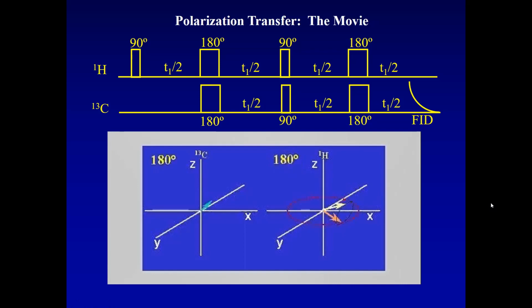You wait the right length of time and then flip both things 180 degrees, and they continue to dephase. Now is the moment when the transfer occurs. We have 90-degree pulses in both channels, and we start to bring things back together. There we go. We'll bring everything back into phase coherence on the carbon-13 side.